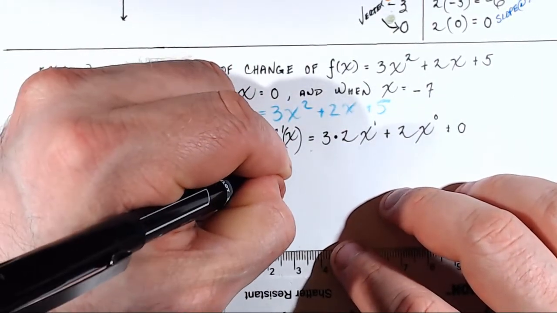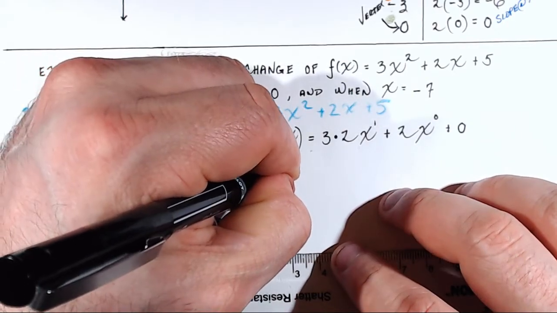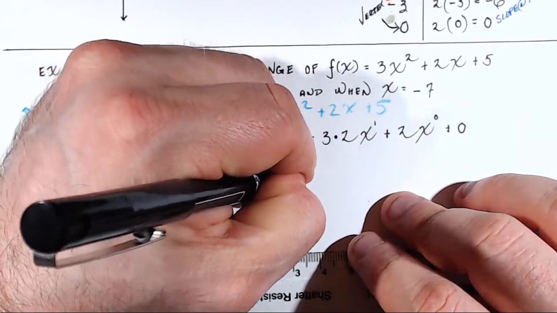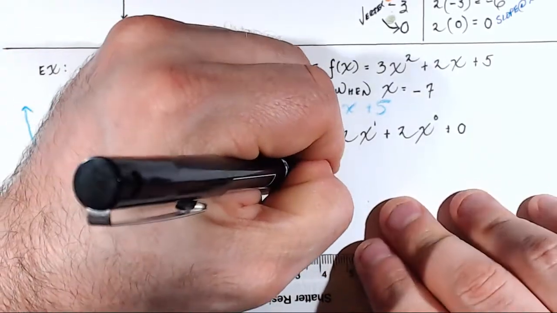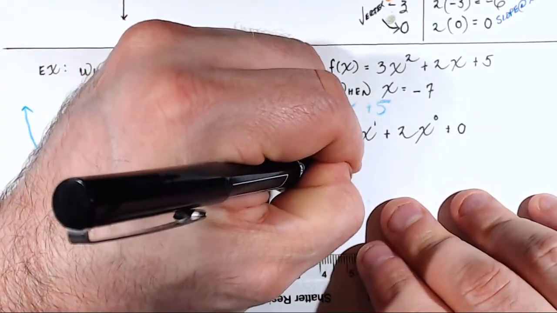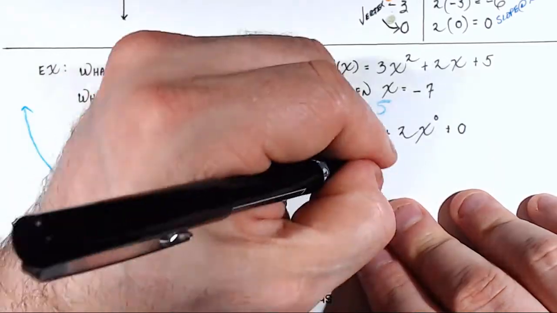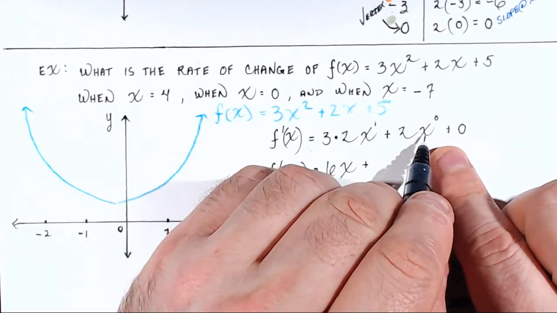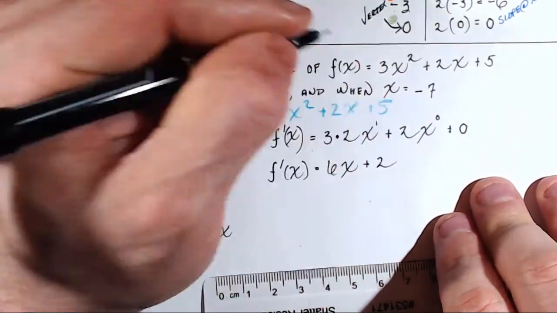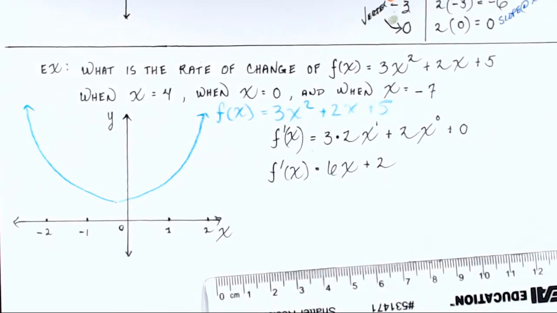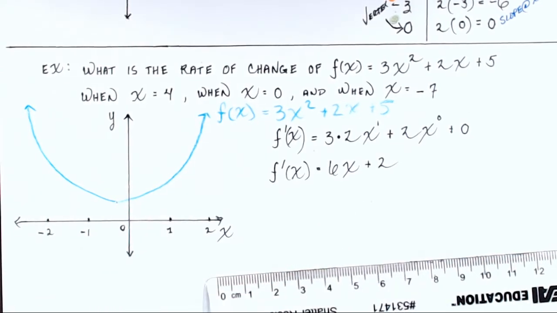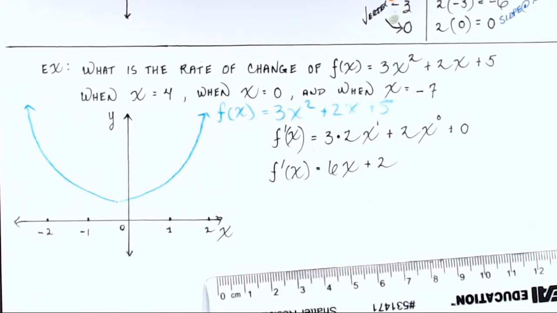So f prime, in other words, the derivative of f of x is equal to 6x plus 2, because this becomes a 1, 2. 6x plus 2.